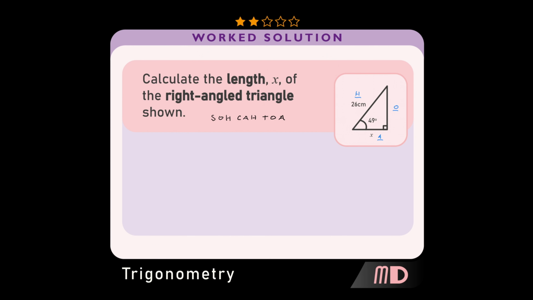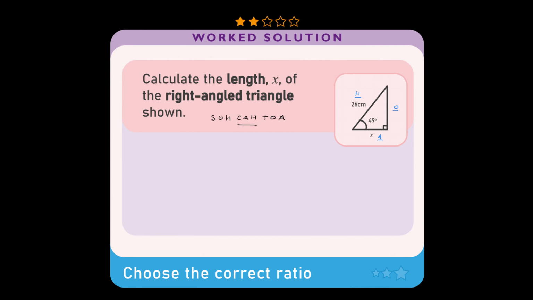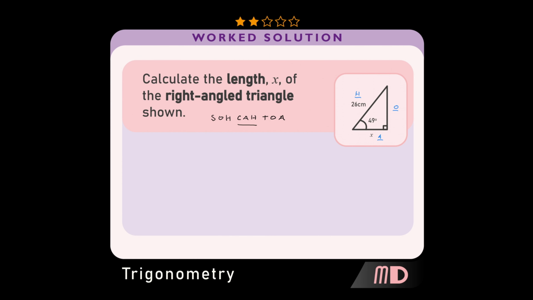That means we know the value of the hypotenuse and need to find the length of the adjacent side. The appropriate trigonometric ratio is therefore the cosine ratio, where the adjacent side divided by the hypotenuse is equal to the cosine of the angle, in this case measuring 49 degrees.